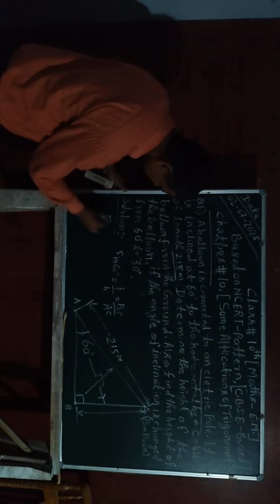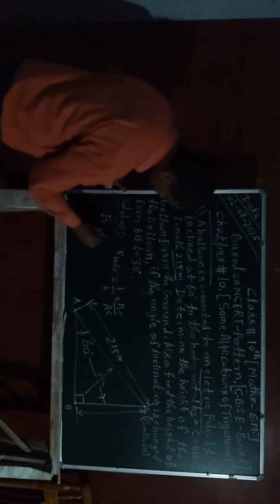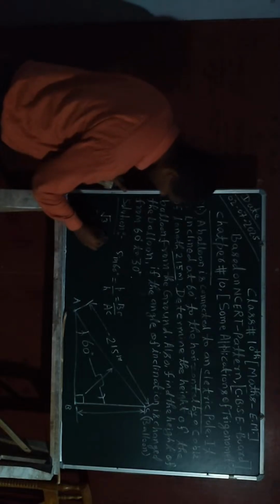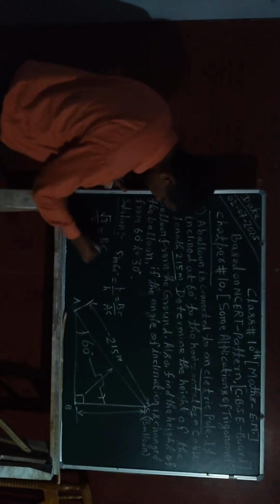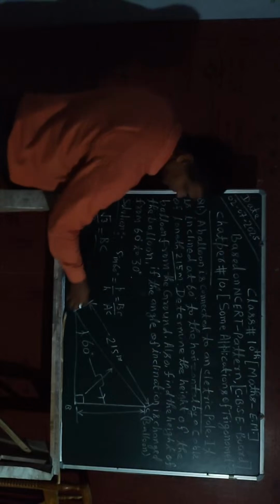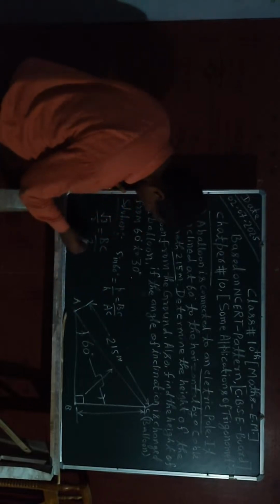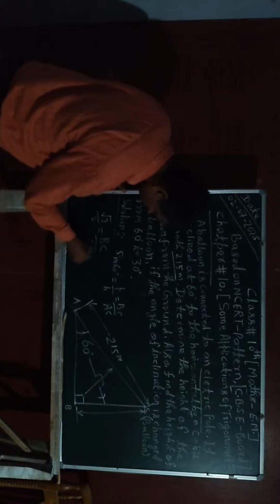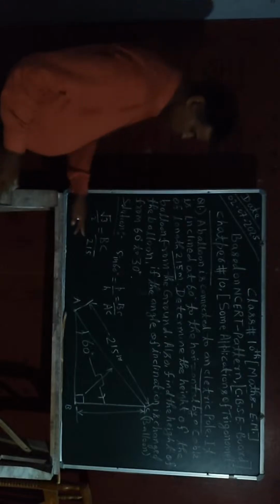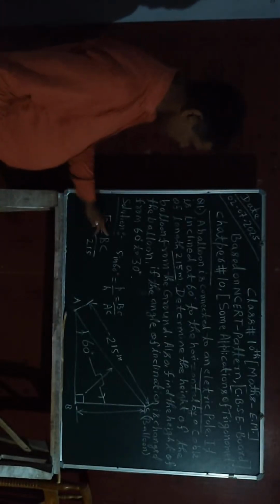So sine 60 degree is known as root 3 divided by 2. Now in the place of sine, I have BC, that is length BC divided by AC. The length of AC is given 250 meters. So I will substitute its value. Okay. So here I will do cross multiplication. After doing cross multiplication, I will find the length BC.